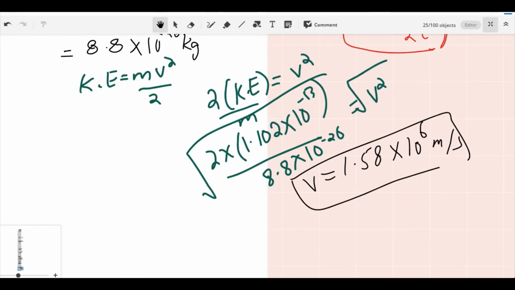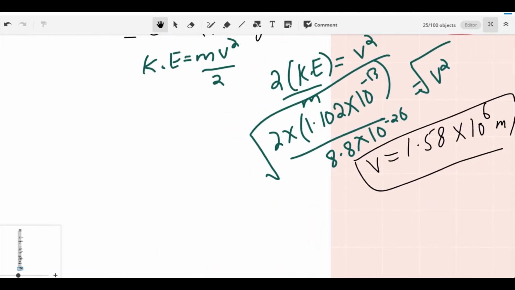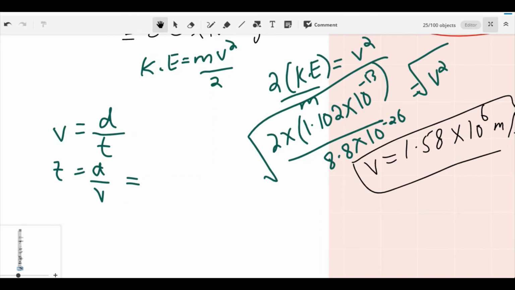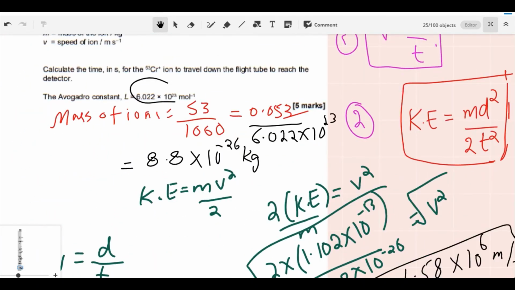So now we can easily put the value of v here. We already know that v is equal to d over t, and t will equal d over v. So d is equal to, as given, 1.25.